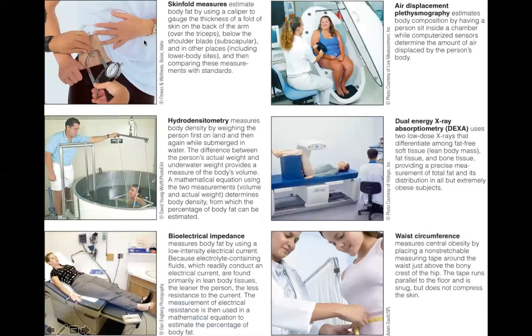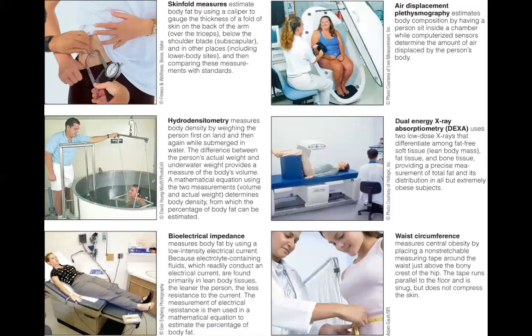On the top left is something called skin fold measurements, and they use a device called a caliper to pinch different skin folds around the body. There are multiple sites, and depending on the skin fold thicknesses, they can enter those into an equation and compare them to reference standards and get an indirect estimate of body fatness.